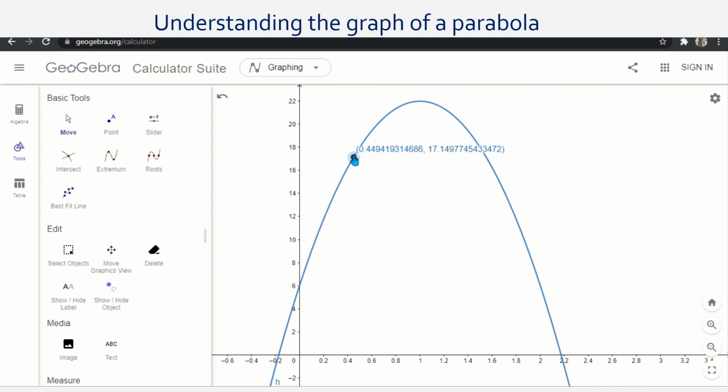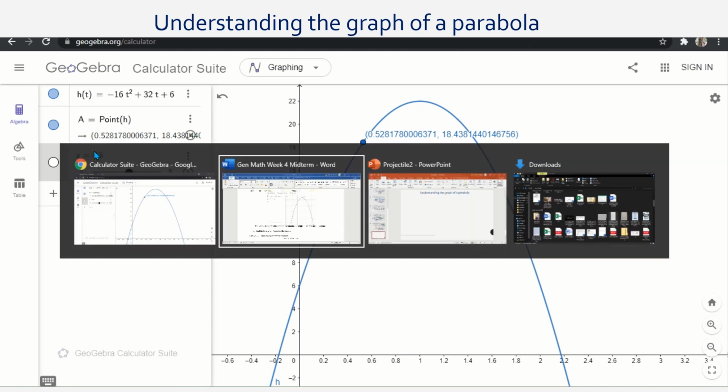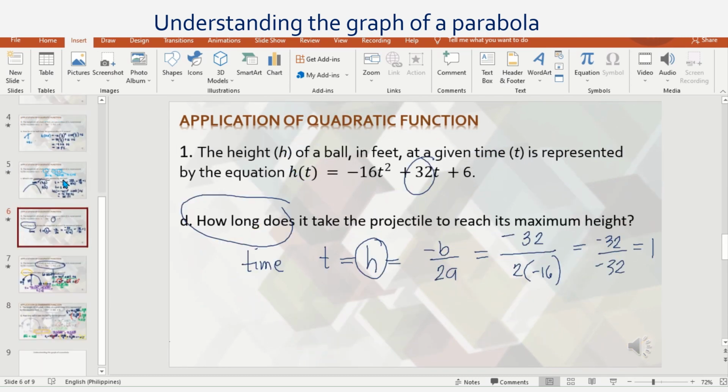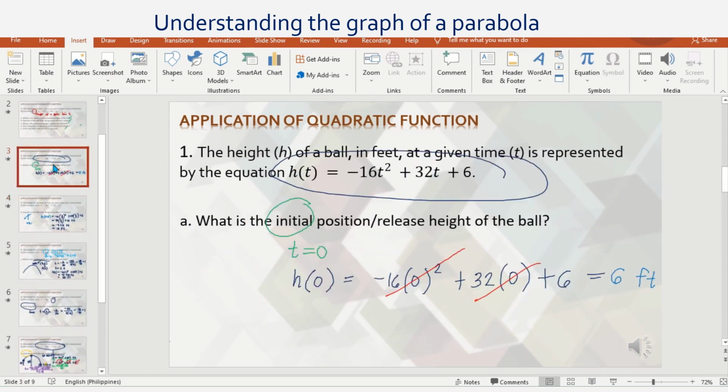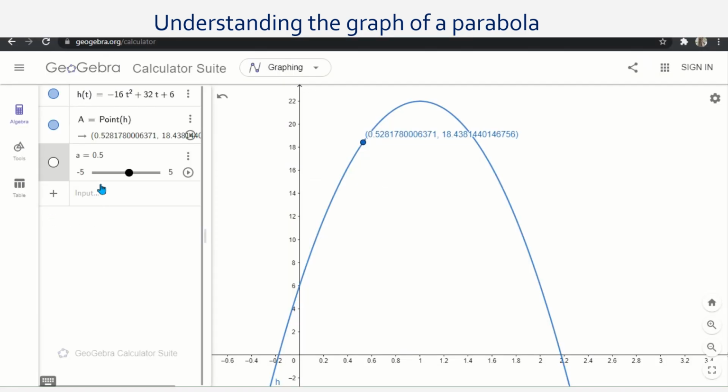So when time is 0.5, so kung gusto mong input 0.5, when time that is equal to 0.5, the position of the ball when time is equal to 0.5 is 18.